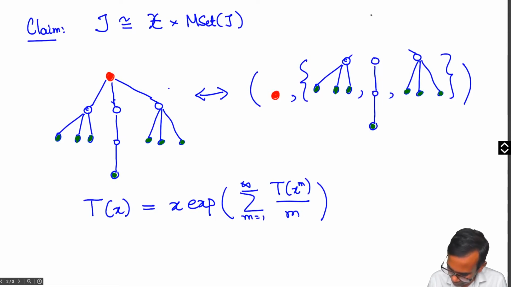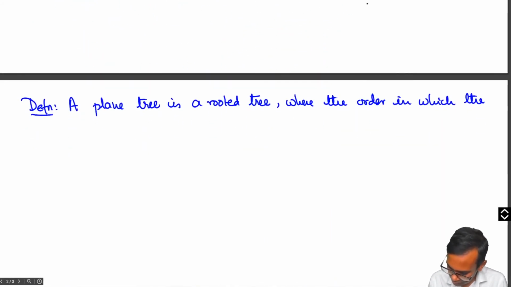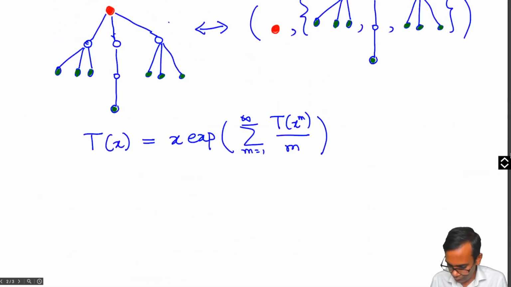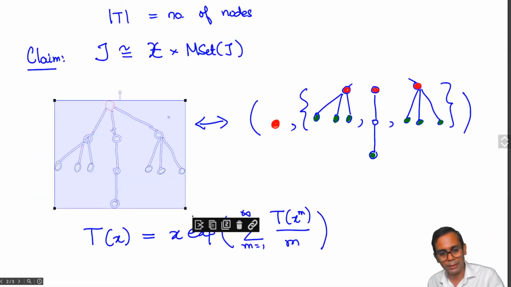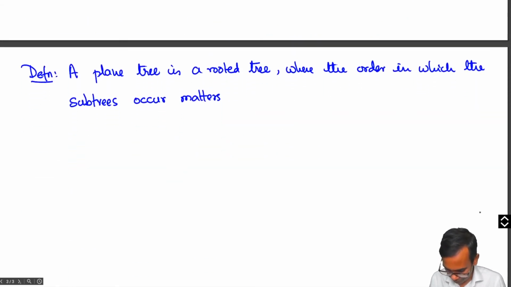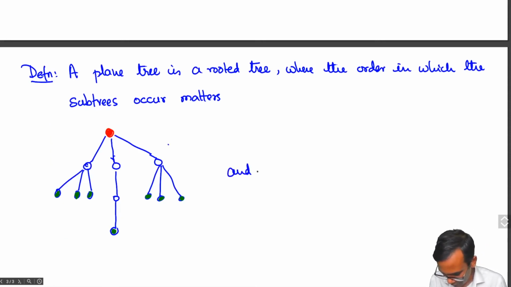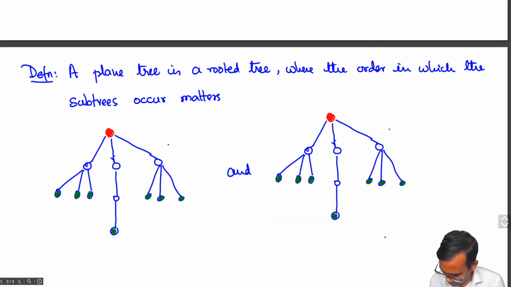So yeah, here these are rooted trees in which the order in which the subtrees occur matters. So if I were to take this example here and rearrange it a bit, I would get a different plane tree. So let's just take this picture and do a little bit of surgery here.